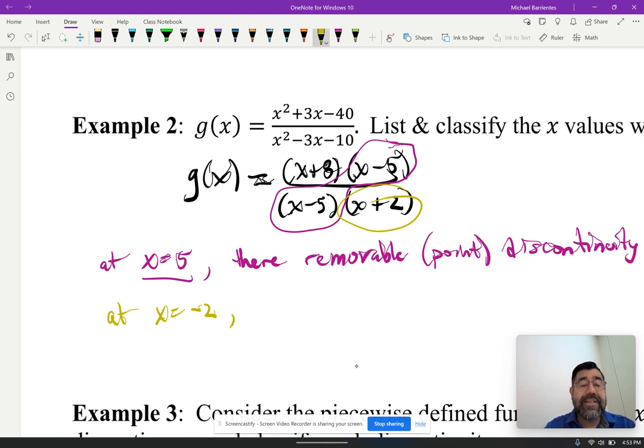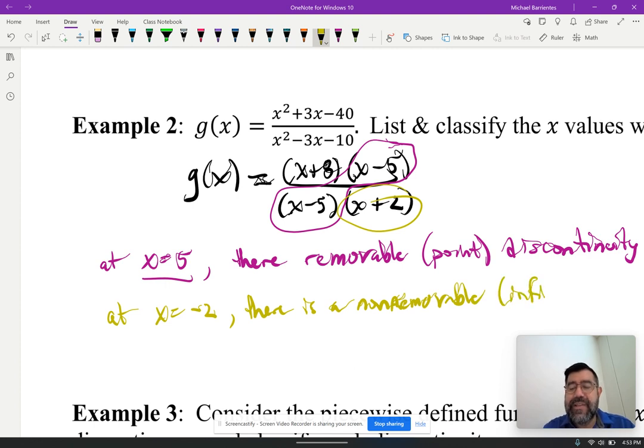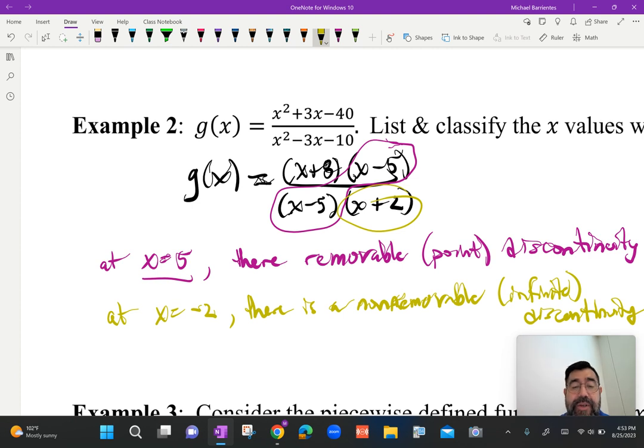And so at x equals negative 2, there is a non-removable discontinuity, and I'm going to say it's an infinite discontinuity. Do we agree with that?